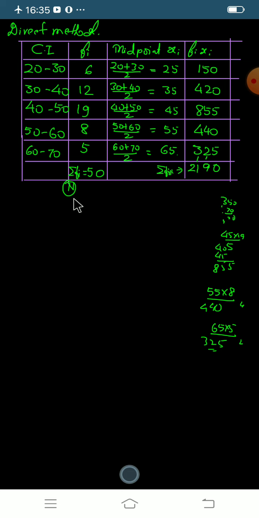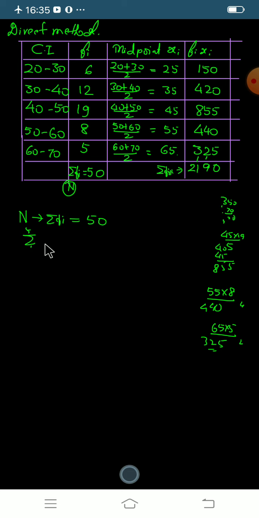What is that? That is summation fi xi divided by summation fi. Here, what is n? Here n or summation fi is equal to 50. Next, summation 1 to 5. 1 to 5 means from here to here. Totally how many numbers of frequencies here? 5, isn't it? We don't have to write it.